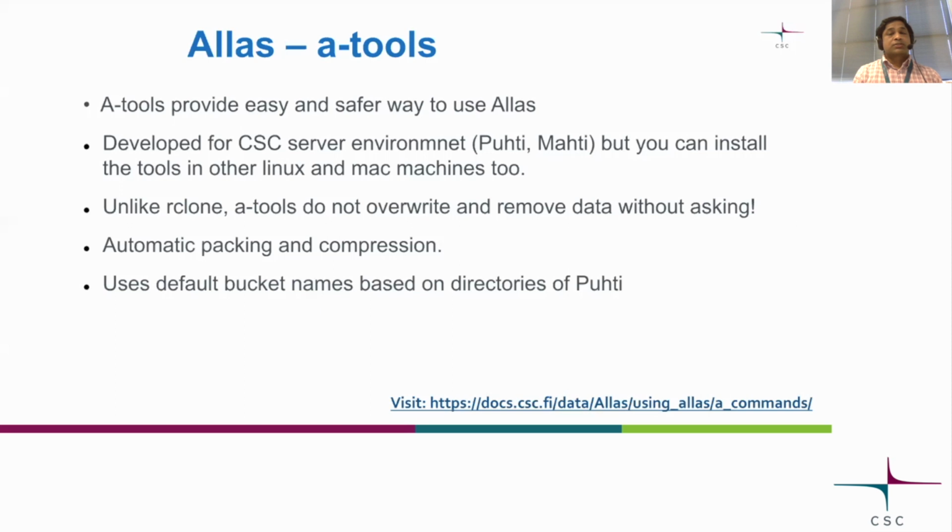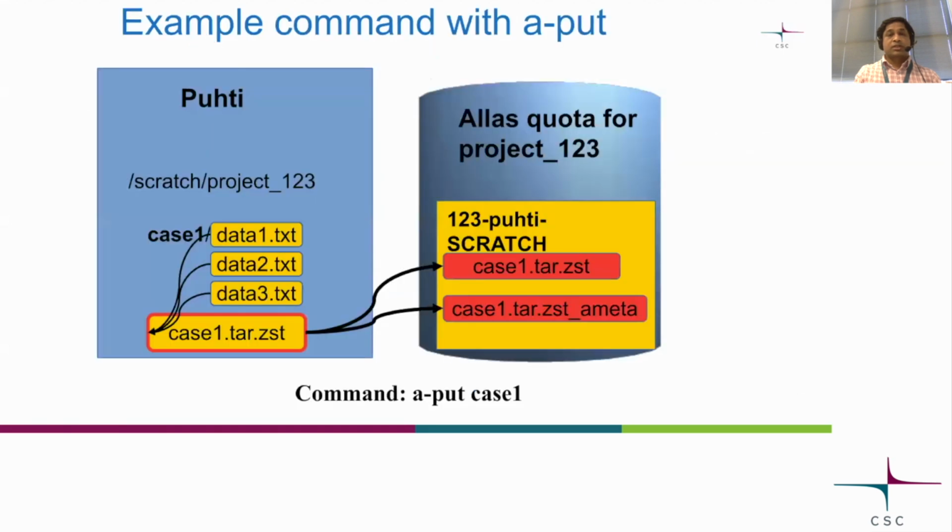Under the hood, what these A tools do is automatic packing and compression, and then they use some of the hierarchical file information from the file path when creating an object in the Puhti Atlas environment. This is just an example here. Say you are in the Puhti environment and you have a project_123 folder.